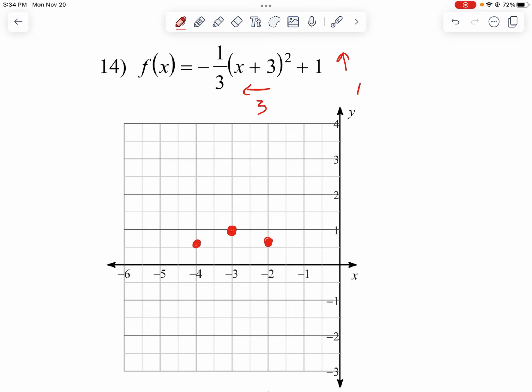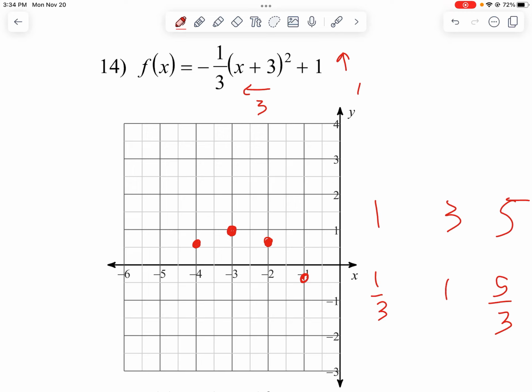And then for my next one, normally the pattern is 1, 3, 5. I'm going to times all those by 1/3 here. So it becomes 1/3, 1, and then 5/3. Sorry, 1/3 of 3 is 1, and then 5/3. And so I'm going to go down a third. Next time I'm going to go down a full 1. So I'm going to go down 1 as I go right 1.